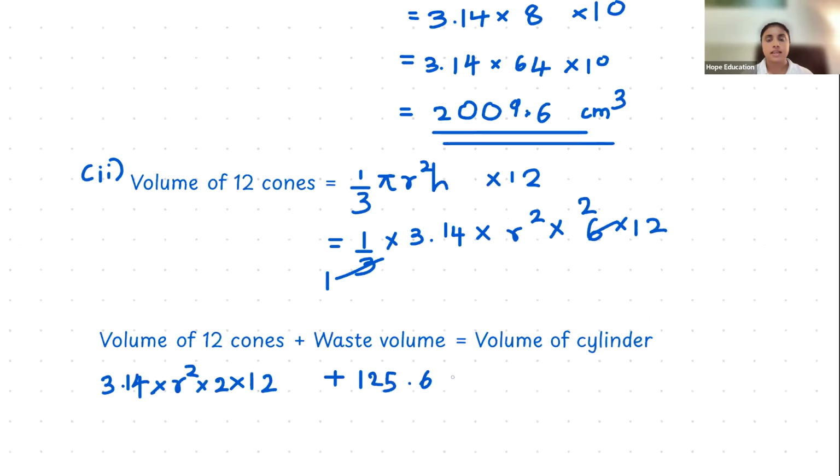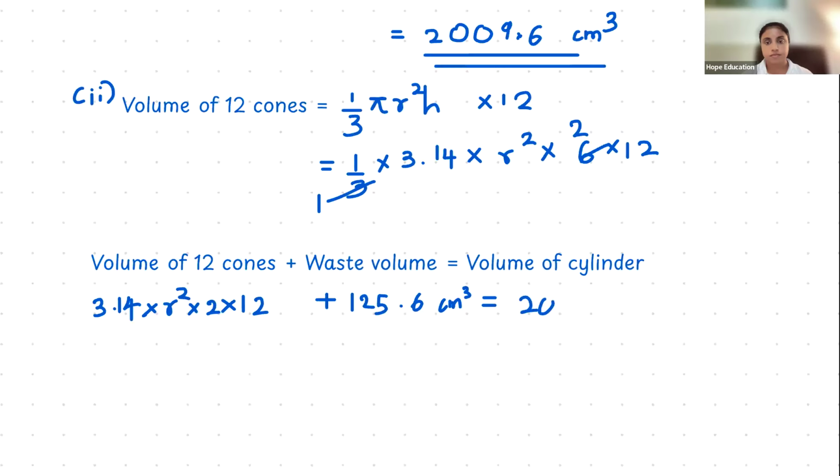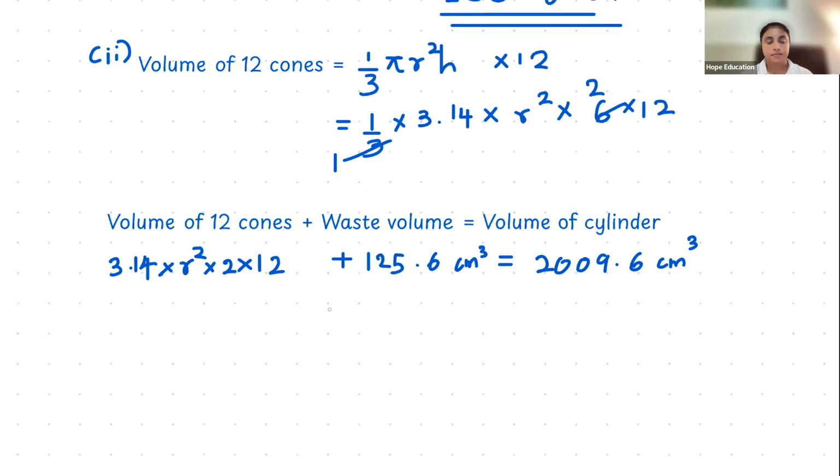Volume of the cylinder is 2009.6 cubic centimeters. While keeping this on this side, I will move the other to the other side. Then this 125.6 becomes a subtraction.